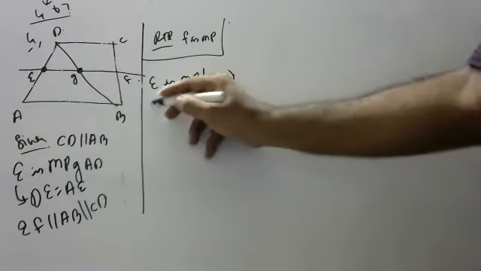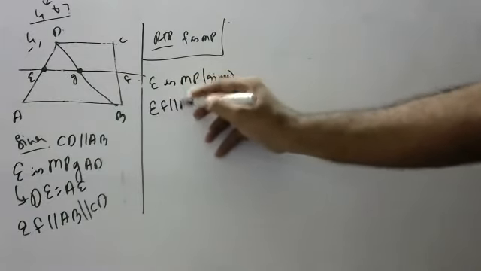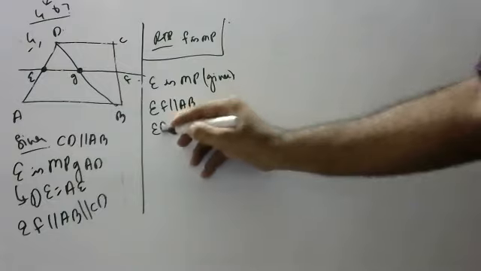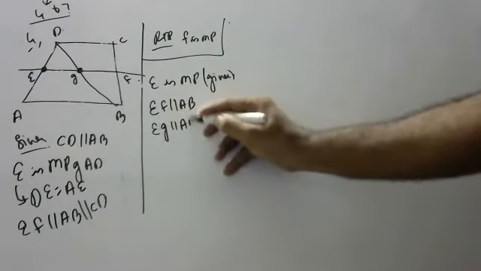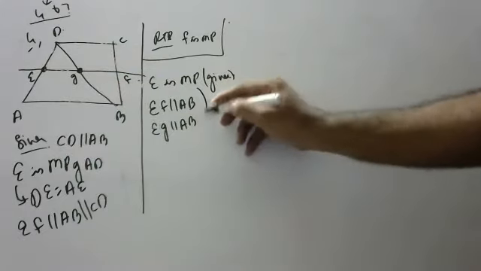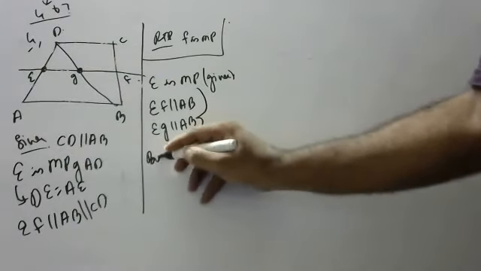Given. And EF is parallel to AB, which means EG is also parallel to AB. If the full line is parallel, won't a half line be parallel? So EG is parallel.